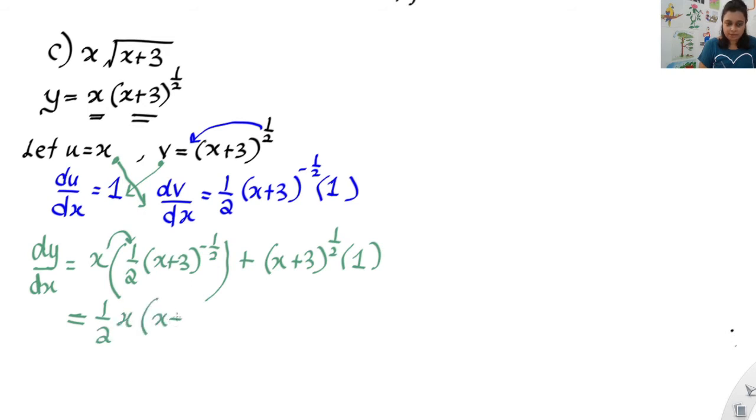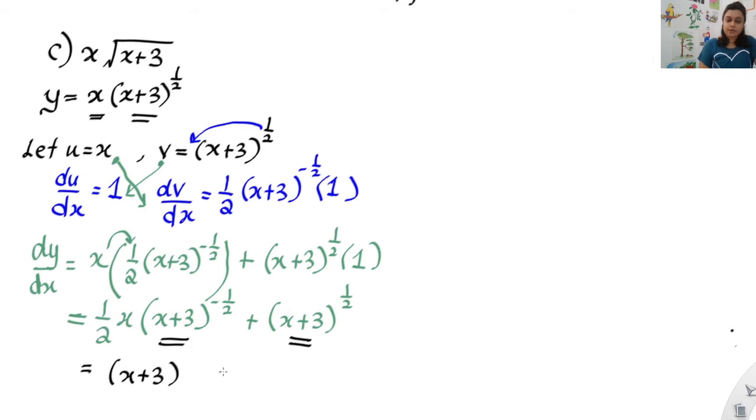Then this one, x plus 3 power of negative 1 over 2, plus x plus 3 power of 1 over 2. Now let's check if there is anything common that you can factorize out. Yes, we can factorize x plus 3 and x plus 3; the others, nothing. If I'm going to take out x plus 3, which power are you going to take out? You're going to take the negative, because that's the smallest one: negative 1 over 2.